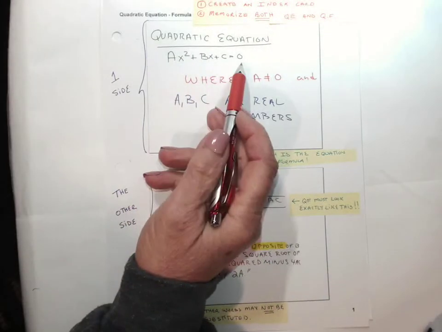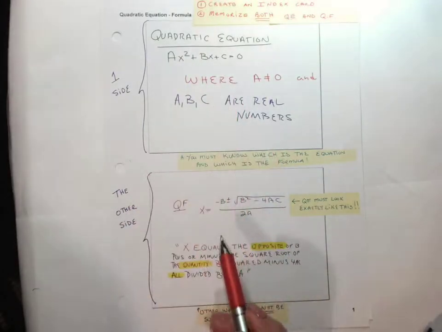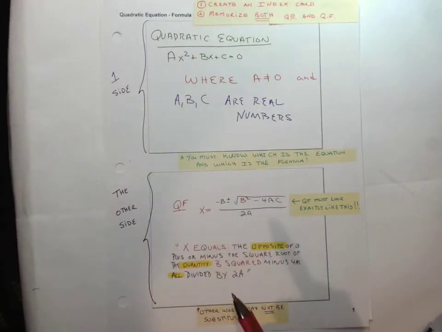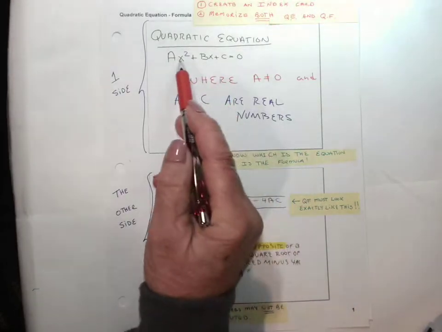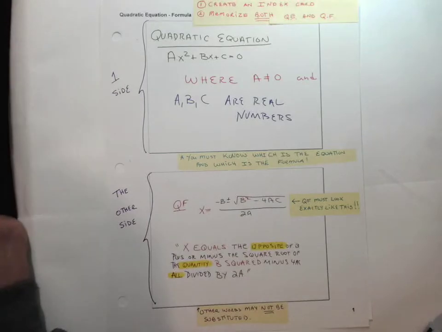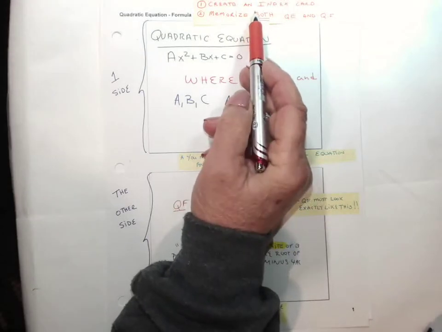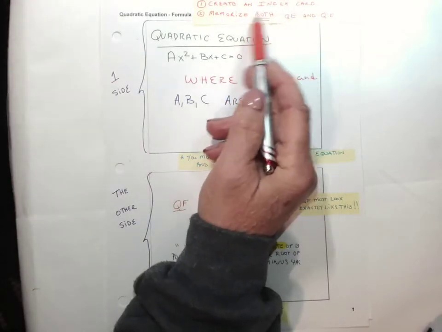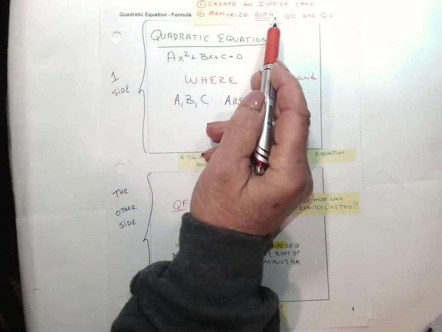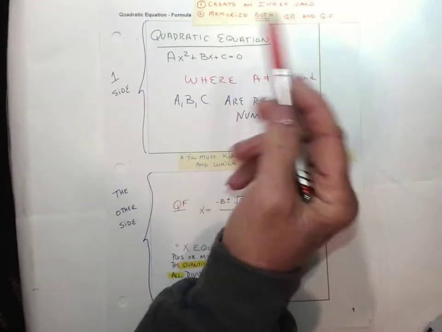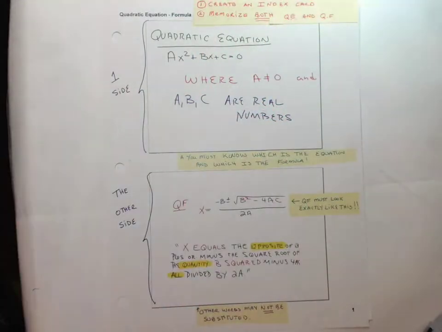You know about the quadratic equation, and here's a formula that can be used to solve quadratic equations. So what I suggest that you do is get an index card or a sheet of paper and write this down so that you can begin to memorize it.